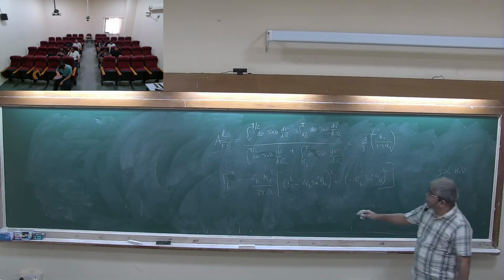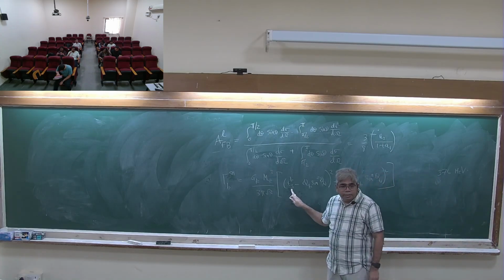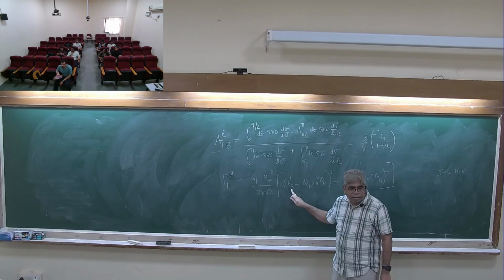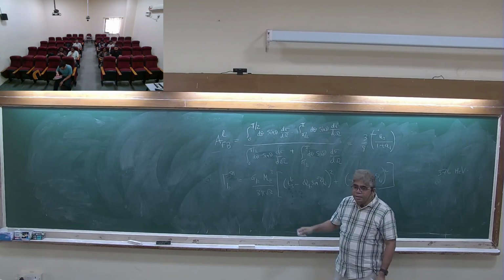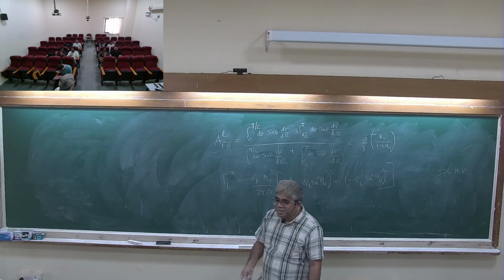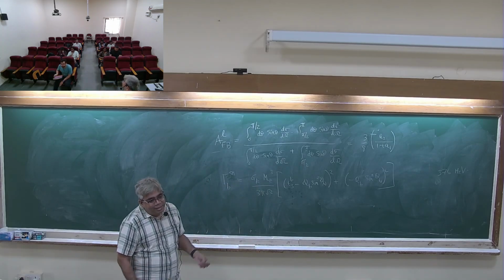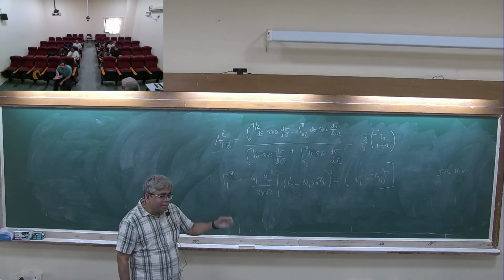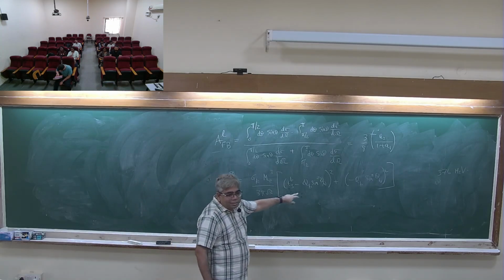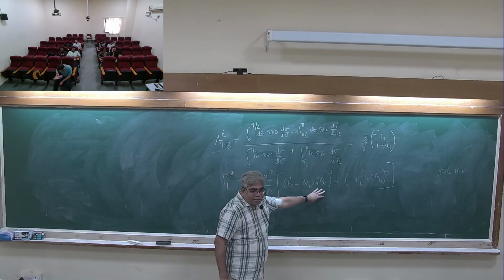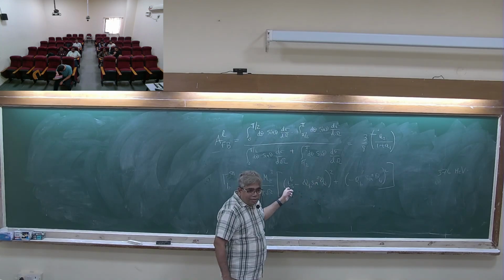T3 is T1, T2, 3, no? T3 is I3. T3 is from T1, T2 and T3, the isospin generators, right? The Z couplings are given in terms of T3 minus Q sine square theta W. This is the T3 value.